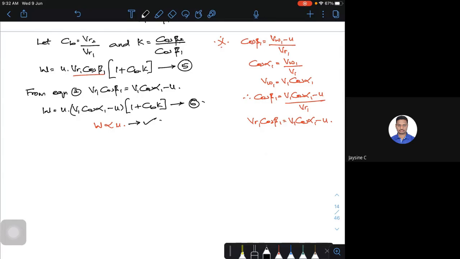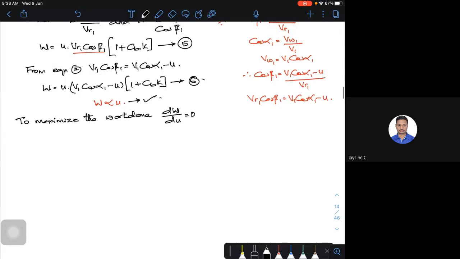So to maximize the work done, what we are going to do is differentiate this dW with respect to du and equate it to 0.